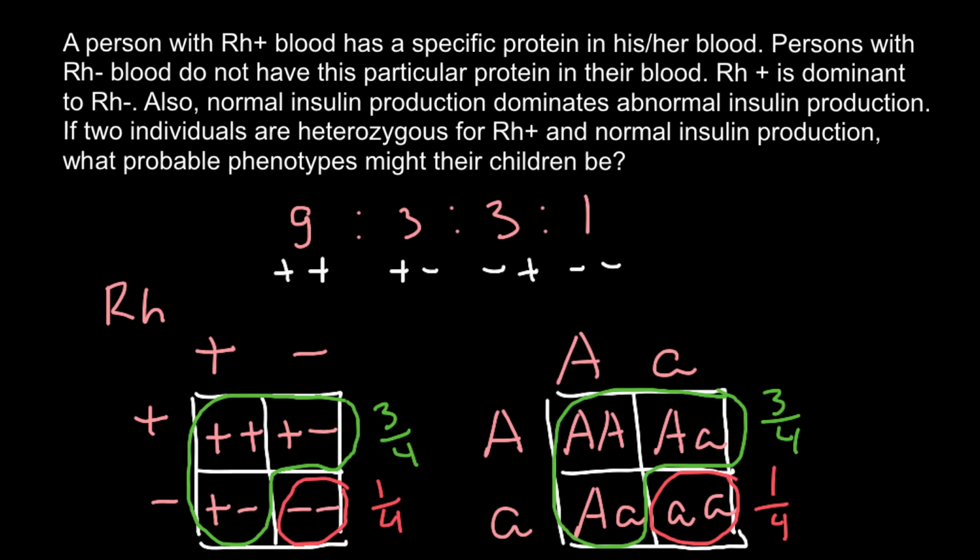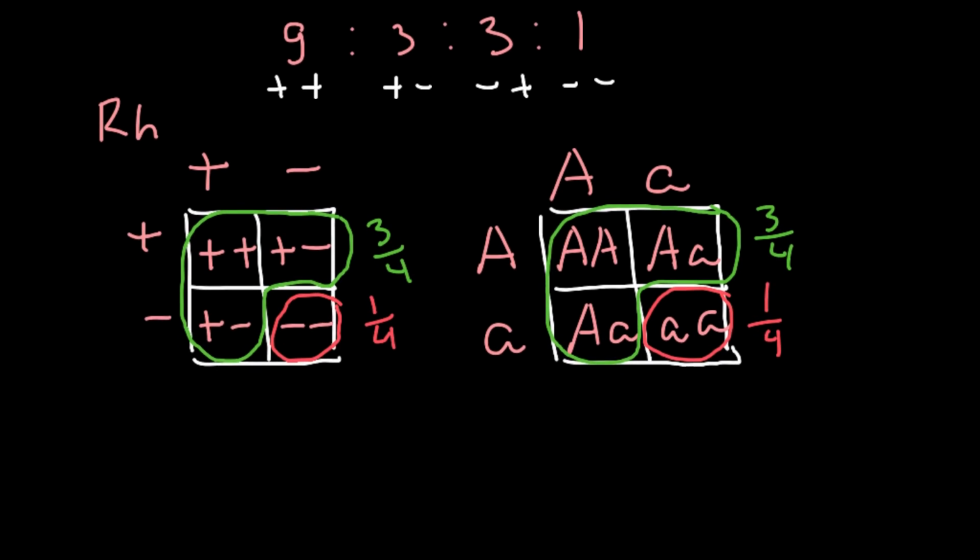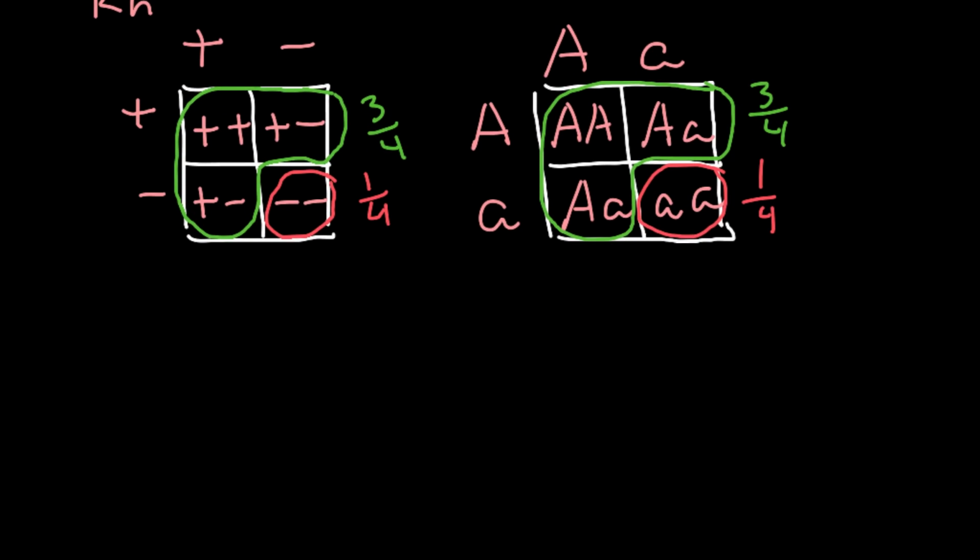So let me move our picture a little bit. As you see, 3/4 of the progeny would be Rh positive. So let's draw a fork here. 3/4 would be Rh positive, and 1/4 would be Rh negative.